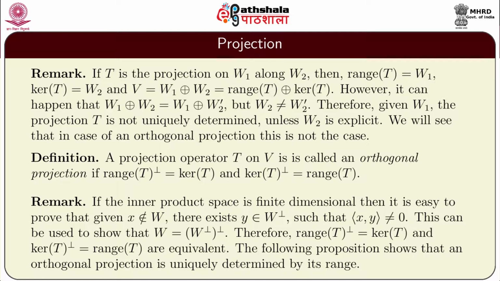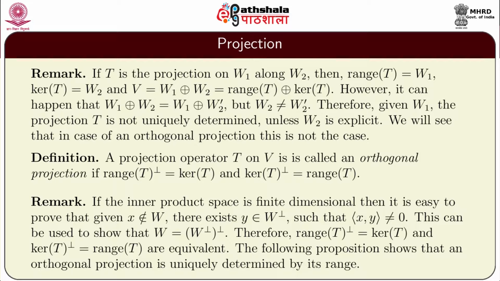Another remark: if the inner product space is finite dimensional, then it is easy to prove that given x outside W, there exists y in W perp such that the inner product of x and y is not 0. And this can be used to show that W perp perp is W. Therefore, range of T perp is kernel of T and kernel of T perp is equal to range of T are in fact equivalent.